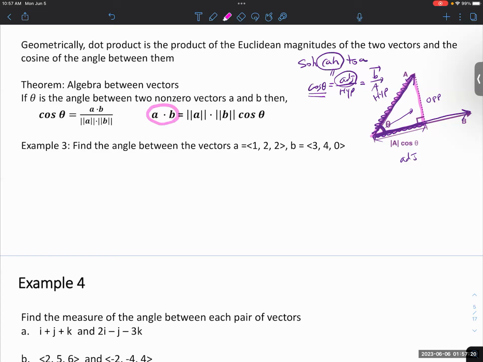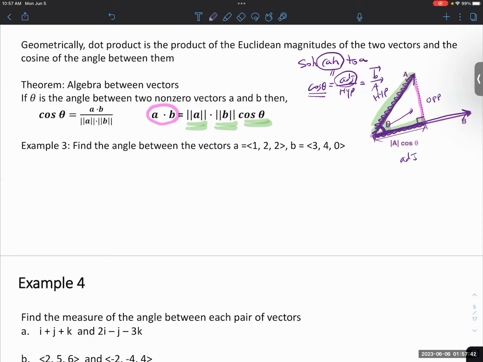Again, you do the magnitude of the a vector, and then the b vector's magnitude, times the cosine theta. That's what they mean by a dot b, the dot product.